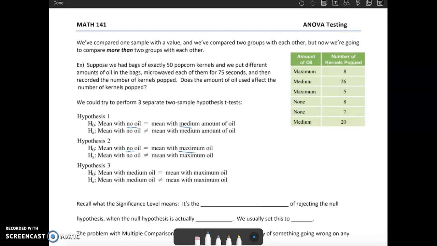And then we would have left the medium and the maximum oil together, so that every different combo is compared with each other. You would have to perform, in this case, three different tests. If you bump it up to 4 samples, you end up having to create many more tests. So these can spiral out of control fairly quickly if you try this multiple testing method.